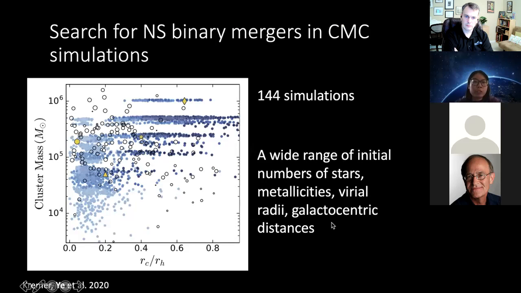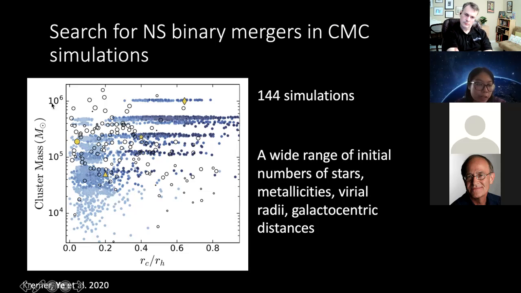And I searched for neutron star binary mergers from a large grid of CMC simulations. These simulations span a wide range in the initial number of stars, the metallicities, sizes of the cluster, and their distances to the galactic center.